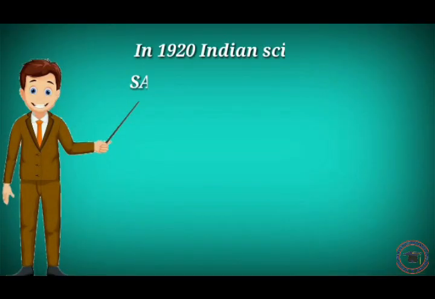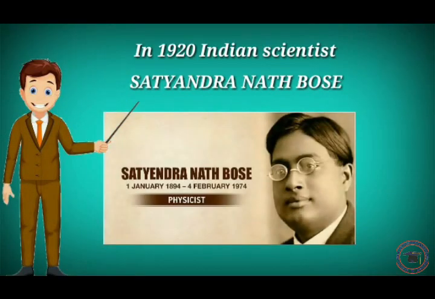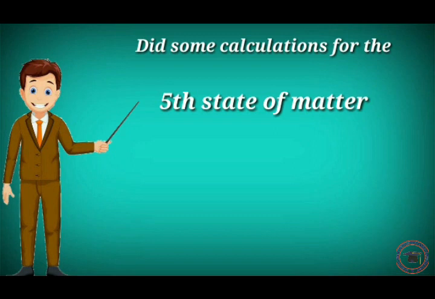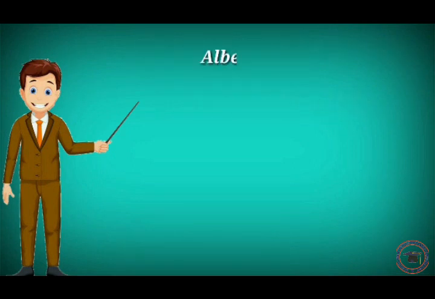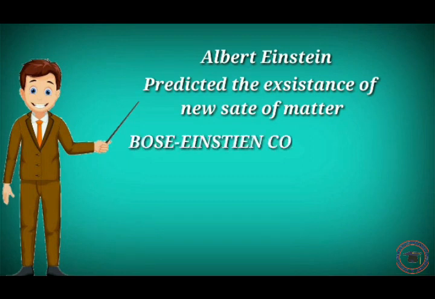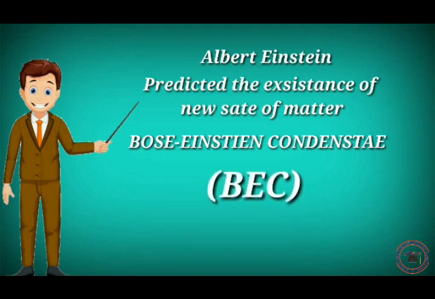In 1920, an Indian scientist, Satyendranath Bose, did some calculations for the 5th state of matter. On the basis of these calculations, Albert Einstein predicted the existence of a new state of matter called Bose-Einstein condensate. In short, we can write it as BEC.